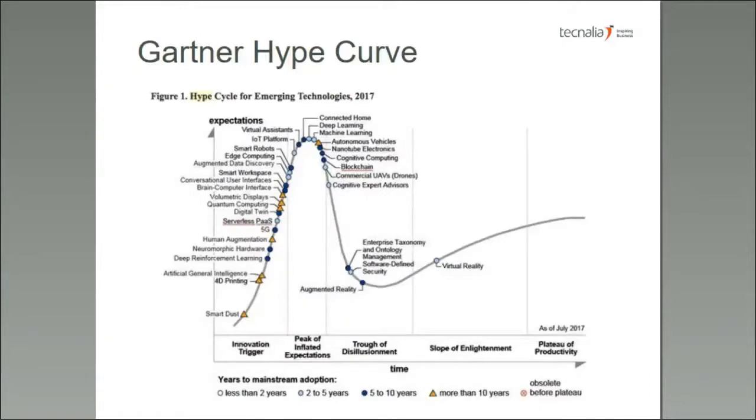Okay, very quickly. What you probably all know, the Gartner Hype Cycle, summarizes the visibility and maturity of currently hot technologies and forecasts the productivity they will have. In this Hype Cycle, augmented reality is, I think, here, in the trough of disillusionment.